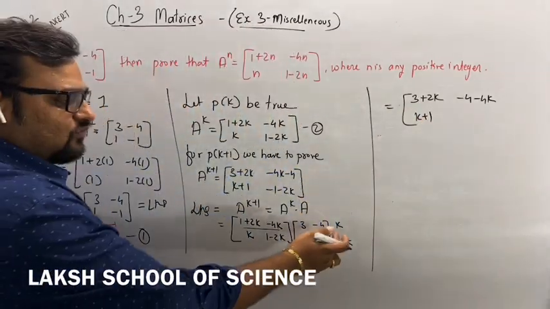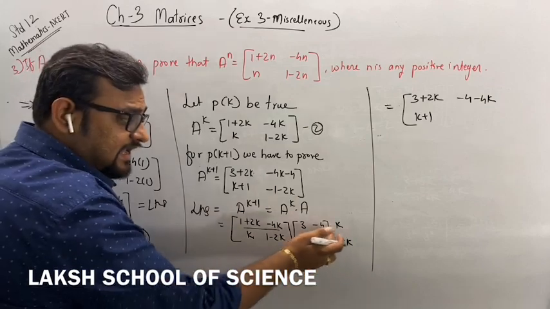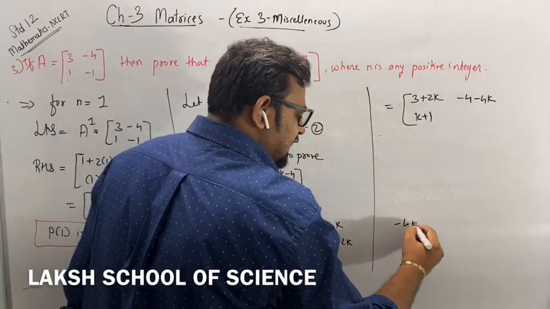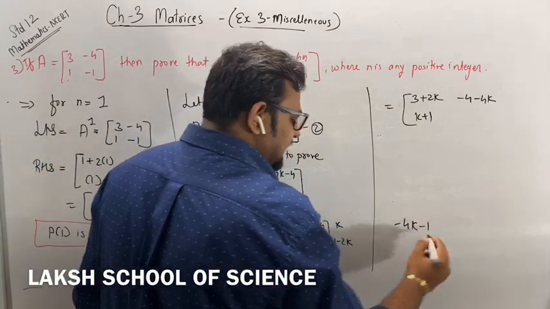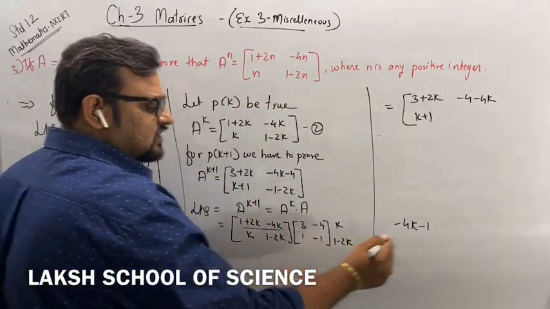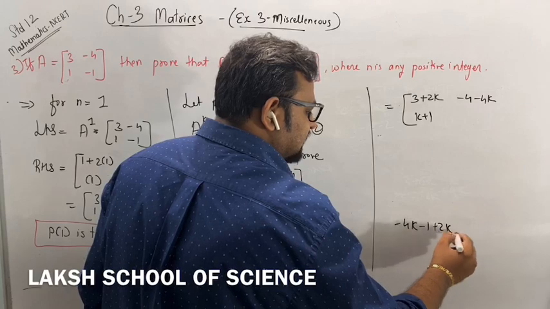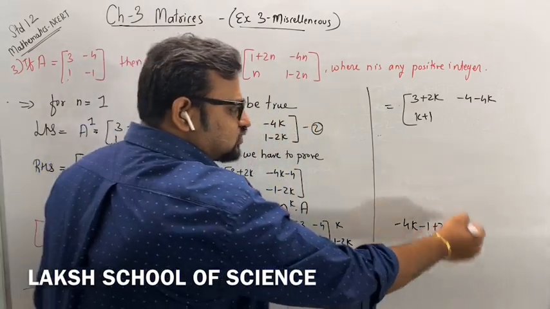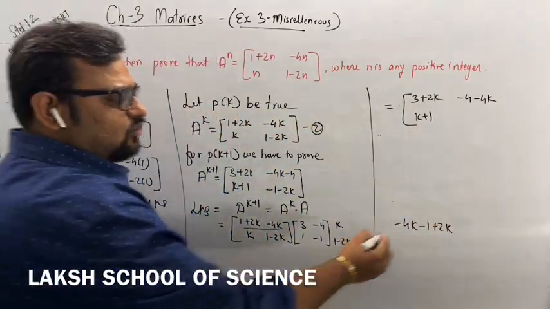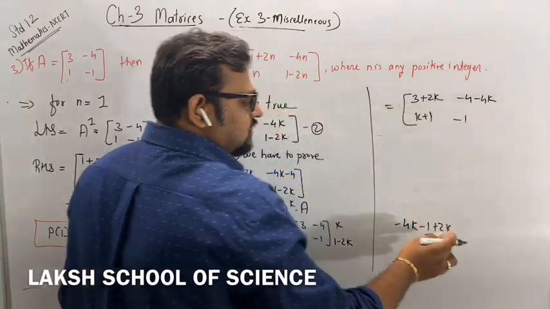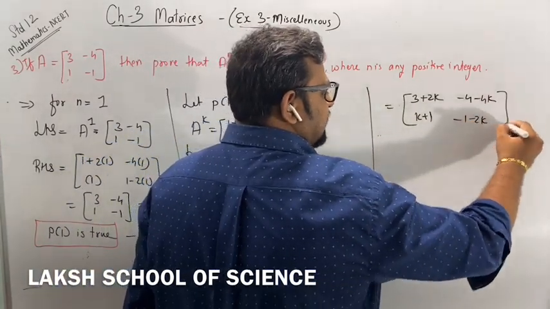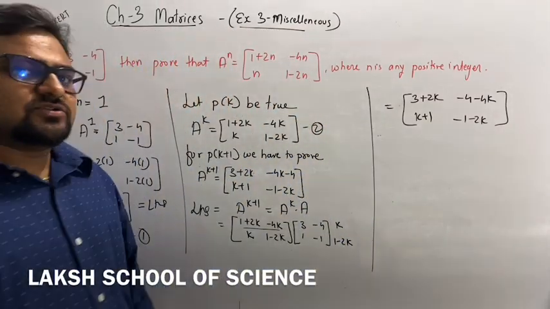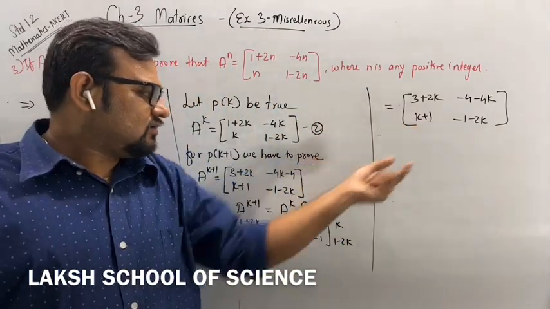Now with the second column, k into minus 4, minus 4k. 1 minus 2k into minus 1, minus into minus plus 2k. So this will be minus 4k minus 1 plus 2k. This will be equal to minus 1 minus 2k. Okay.